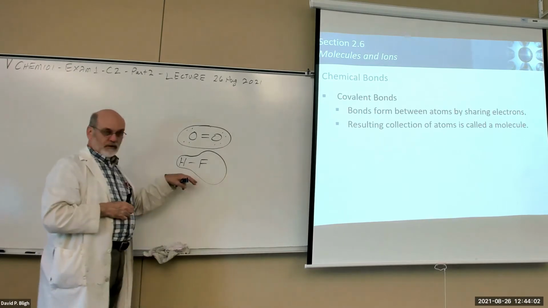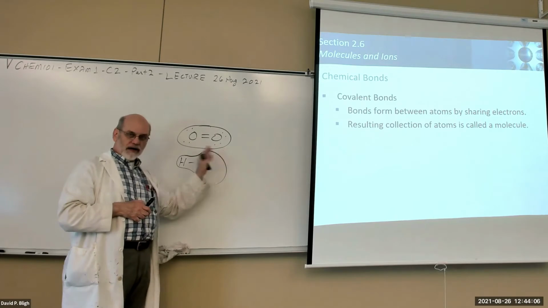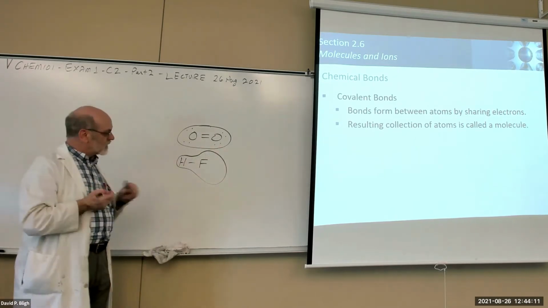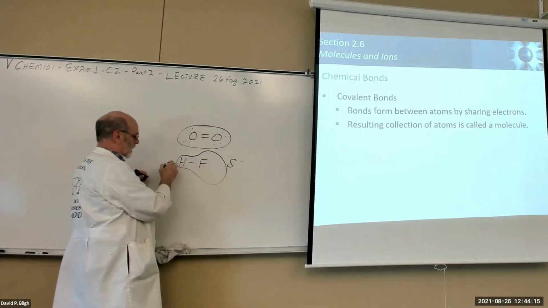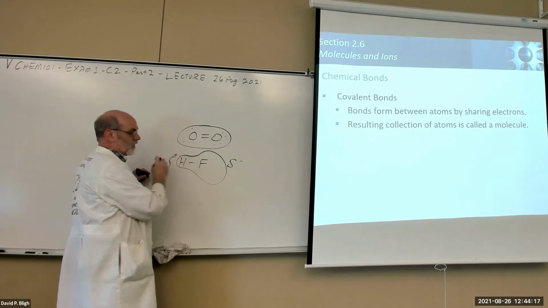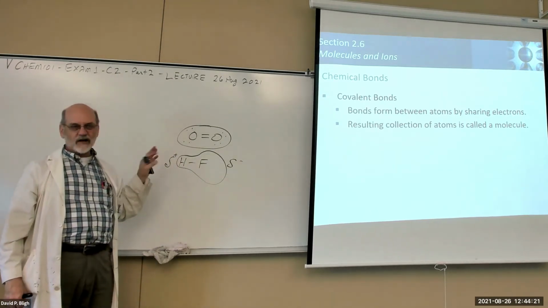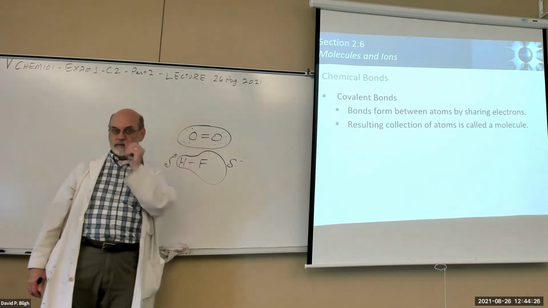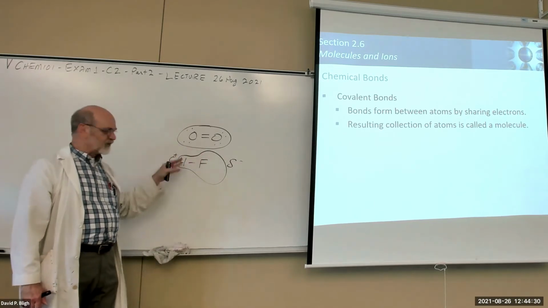If it's like this, we call that a polar bond, because you have more electron density over here and less over here. So it tends to be slightly negative on that side and slightly positive on that side. That's what that Greek delta means, slight, not complete. If it were complete like the ions, we just put a negative charge there. But when you do this, that means that it's not a complete transfer.